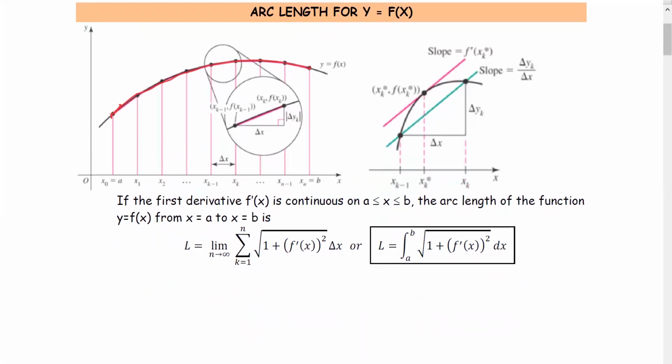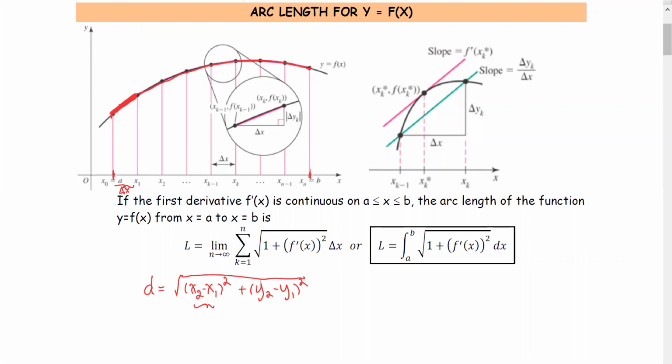With the slice and sum technique, we divide the interval from point A to point B into n equal subintervals, each with a width of delta x, and assume we look for one segment length. As you recall, the distance between 2 points is the square root of x2 minus x1 squared plus y2 minus y1 squared.